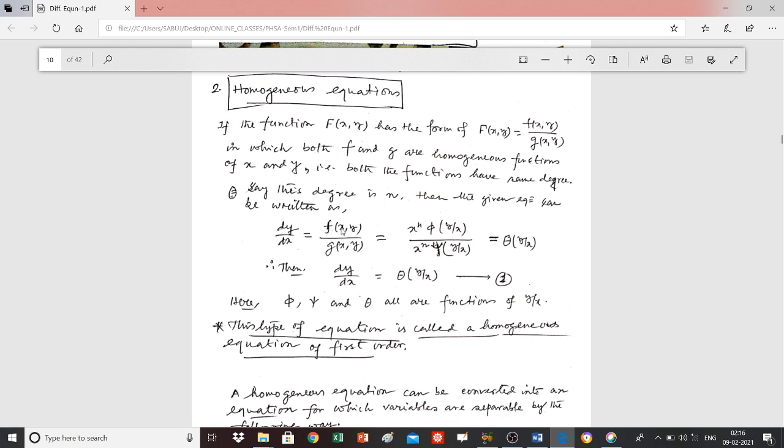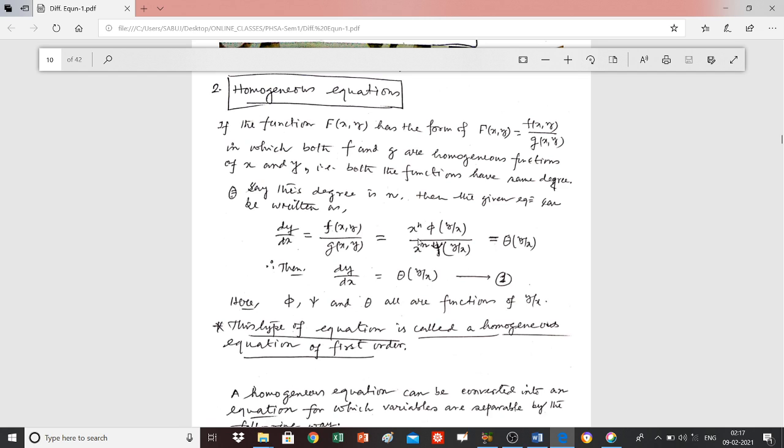Then you can write this function if you take x outside the function as a common factor: x to the power n can be written outside the function, and then there should be another function, phi, of y by x. This function can be written in this fashion: x to the power n phi y by x. Similarly, the other can be written as x to the power n, then psi of y by x.